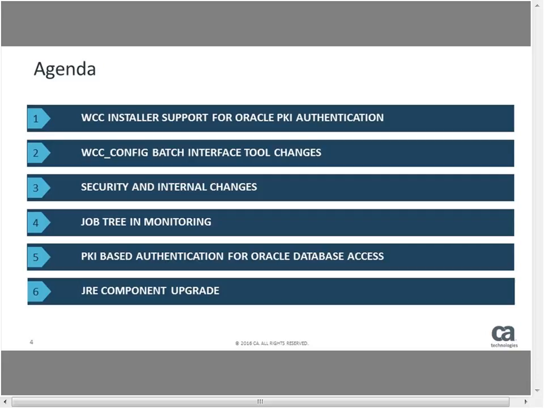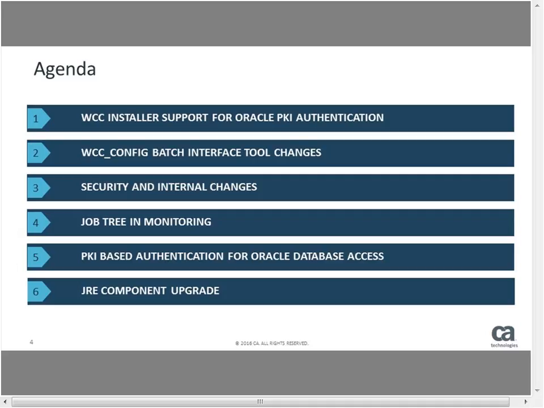Okay, hello everyone, this is Filip Rupa from the WCC development team. So I will bring you what's on today's agenda. We have these 6 points that we'll be discussing in terms of what's new in UI and engine. For the first 4 points, I will be mentioning what's new on the UI side. The first 2 are regarding the Oracle PKI authentication.